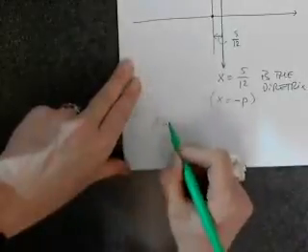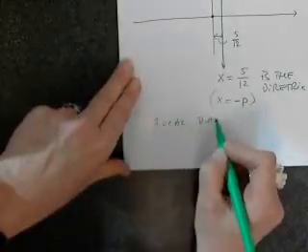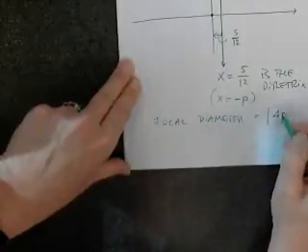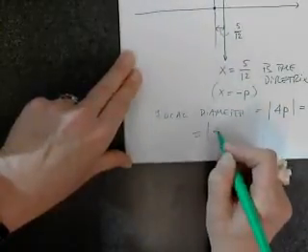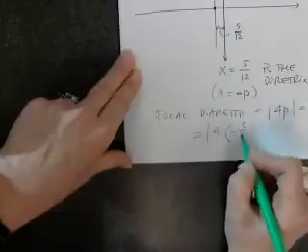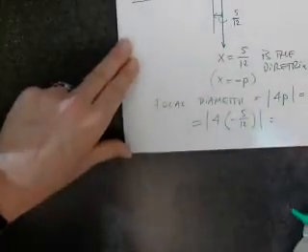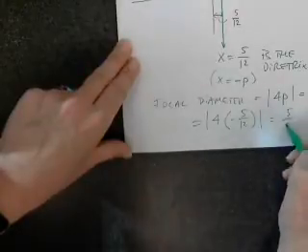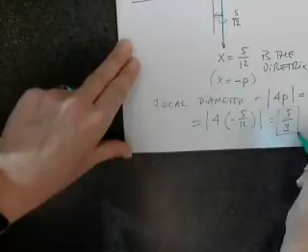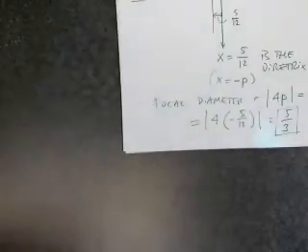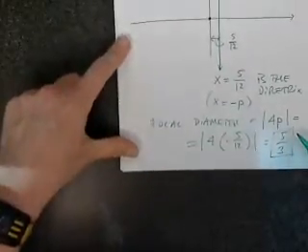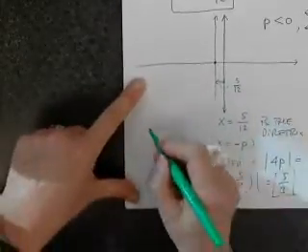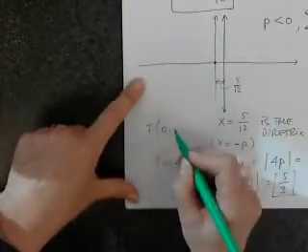So the focal diameter is the absolute value of 4p, which is the absolute value of 4 multiplied by negative 5 over 12, which is negative 5 over 3. So this is the absolute value of negative 5 over 3, which is 5 thirds. So that's the length of the focal diameter. Now about the focus. The focus is (p, 0).